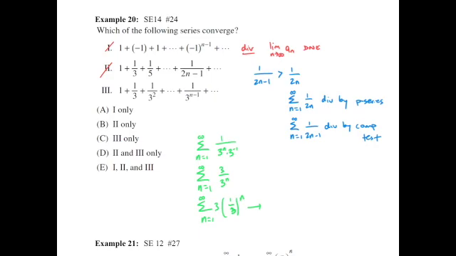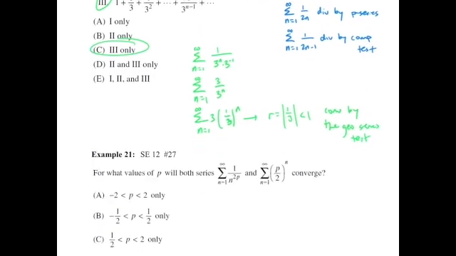And in this case, we have r equal to 1/3, and the absolute value of it is less than 1. So it's convergent by the geometric series test. So option 3 is our answer, and that is option C in the multiple choice.